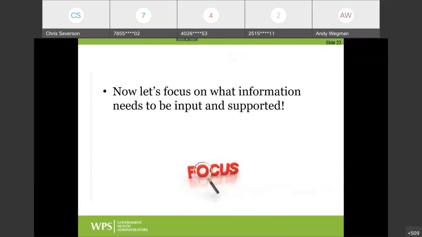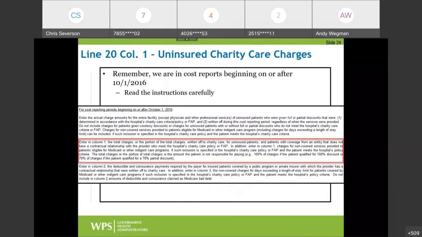Let's get into some of the data that we need to see in the templates. I think I've talked plenty about column one, that it includes obviously the fully uninsured patients, but it also includes non-covered services for an otherwise insured patient. The key thing with all of those, though, is it has to be in your policy before you can allow it. CMS has been pretty lenient.